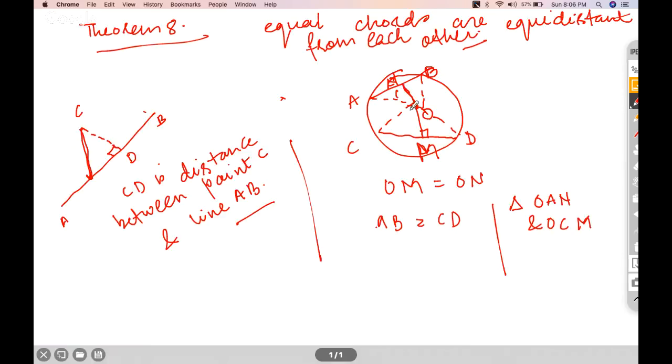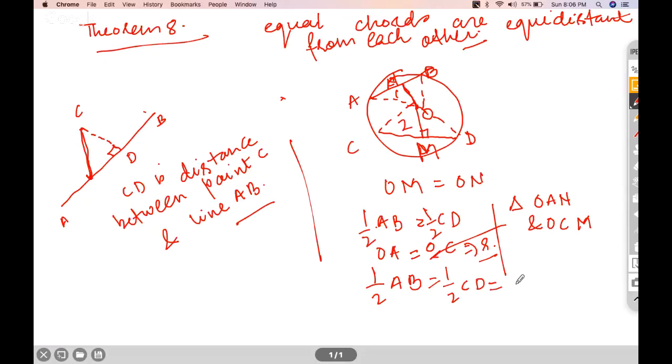Here I know that OA is equal to OC because this is the radius R, and half of AB is equal to half of CD because AB is equal to CD, which gives me that AN is equal to CM.